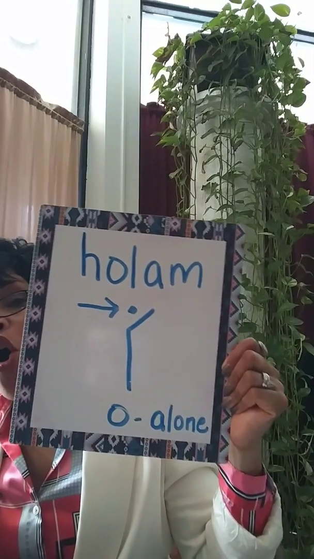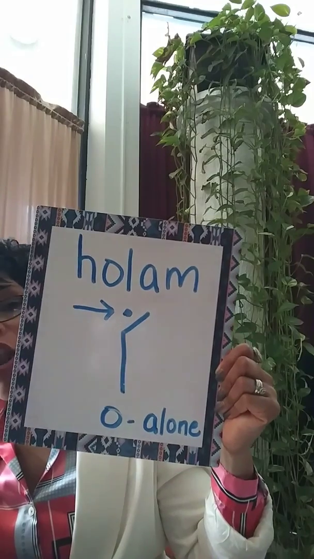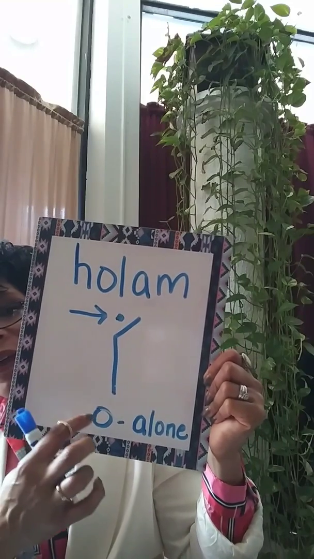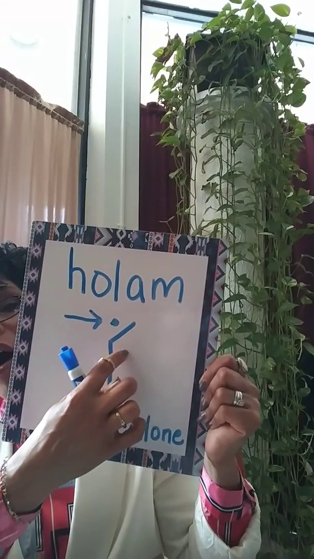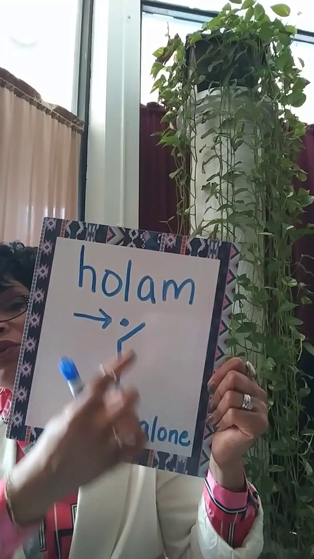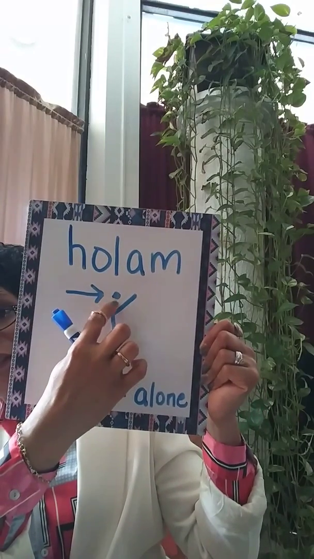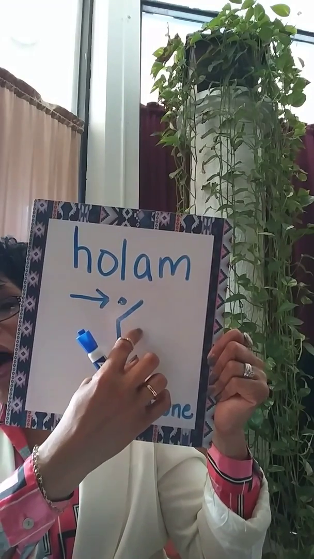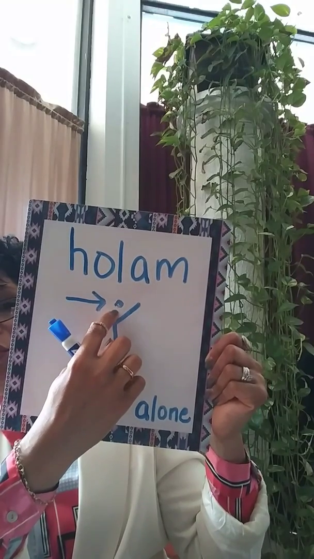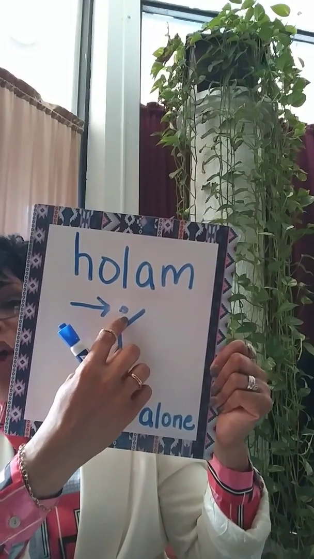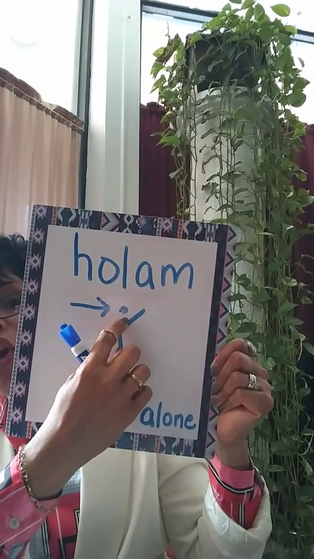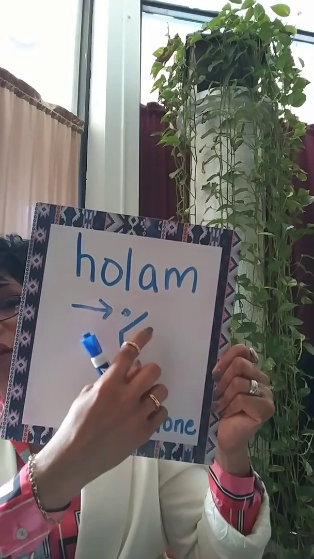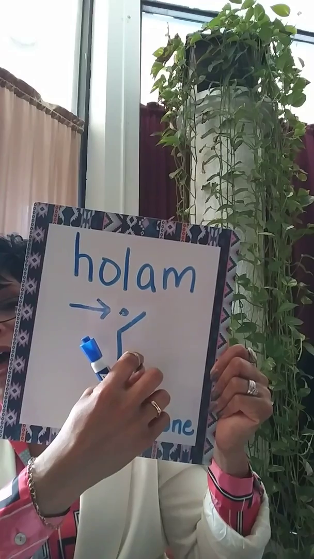Now, for an O vowel, which we call a holam, H-O-L-A-M, a holam, right? We use the wa or the va also just for dot placement, to let us know, not that we want to use the wa or the va, but so we can use the vowel holam when we want an O sound in a Hebrew word, holam, okay? That's the only reason why we use, all right, a O.